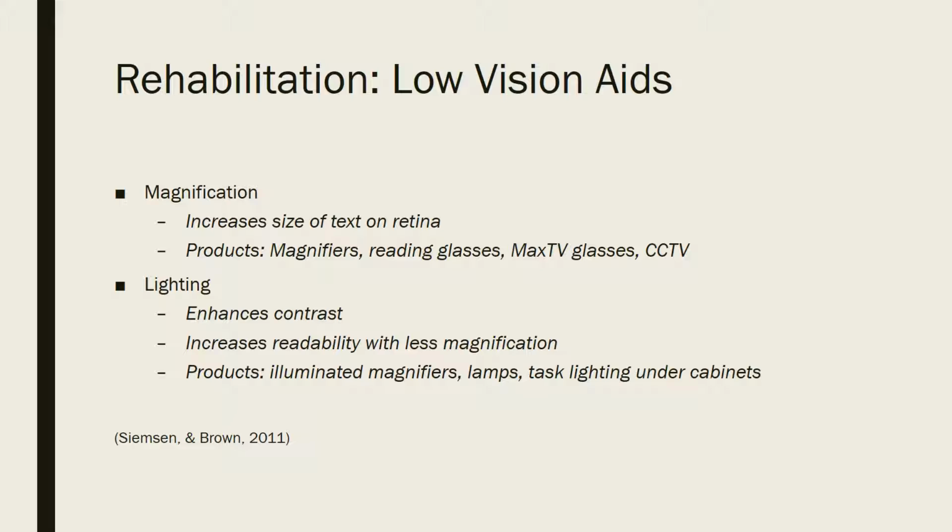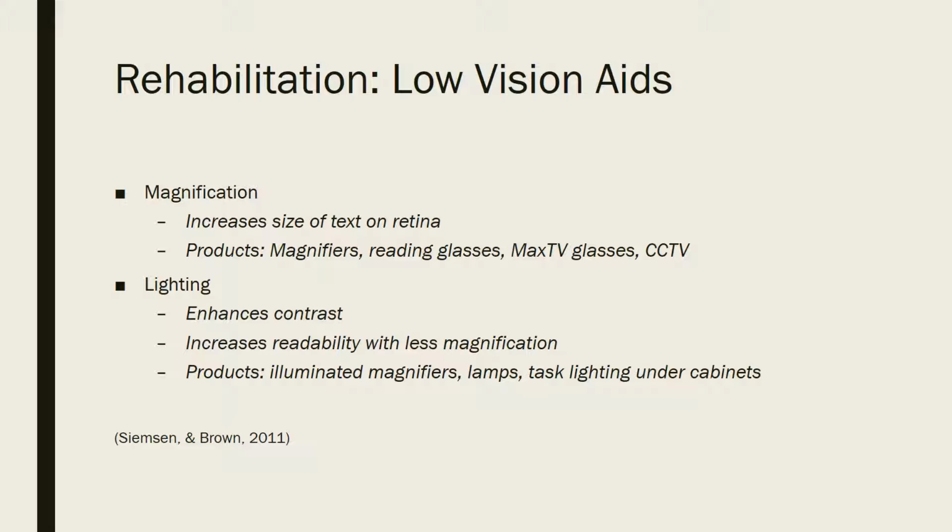So the more contrast there is, the better the lighting. The lower power of magnifier the person needs to be able to read efficiently. And therefore, they increase the amount of text they can read on the page, which therefore increases their reading efficiency, increases that words per minute rate.